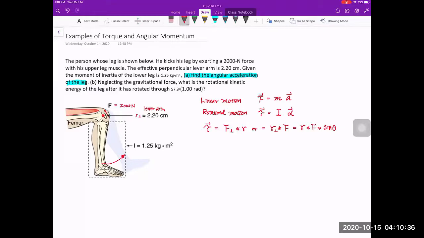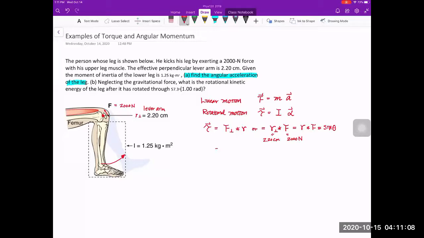So let's look at this one here. Do we have enough information? We are given 2000, that is the force. And we are also given a lever arm, that is our R. Because it's a lever arm, it is actually the perpendicular one. So you are given 2.20 centimeter, and the force is 2000 Newton. We have enough information to find the torque.